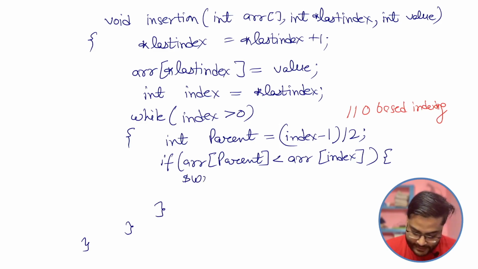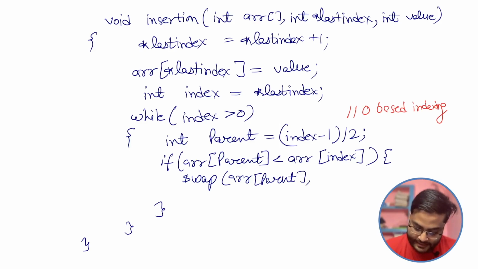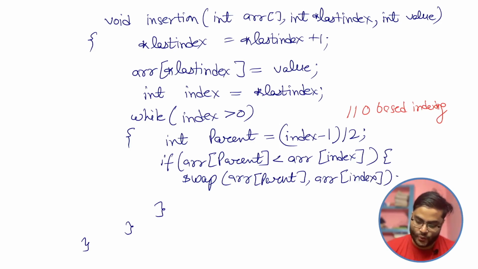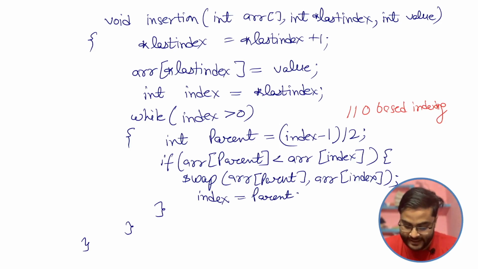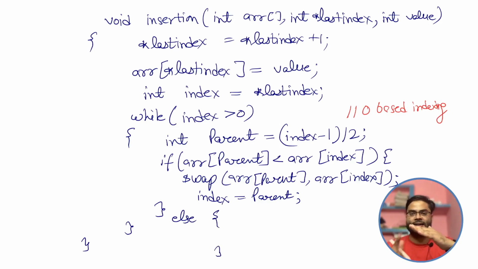Also, I will check for further parents: in index I will put my parent and check for further parent till I reach the root. If that is not the case, I will simply return. That means the element which I have inserted is at the correct position. We don't need to swap or change anything, so I will return.